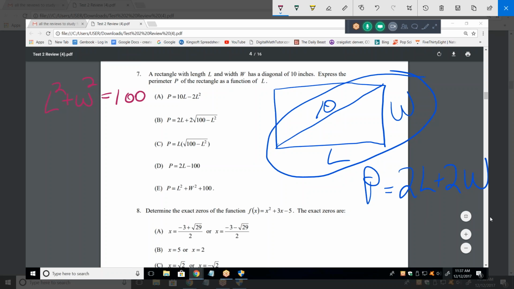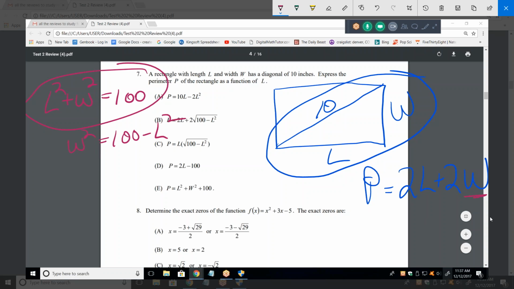Okay. Now figure out what W is, because we want to make W a function of L. And then we can plug it in down here, and we'll have our answer. So how do you solve this? This right here. It's the next step. Solving it for W. Subtract L squared from both sides. Now what?